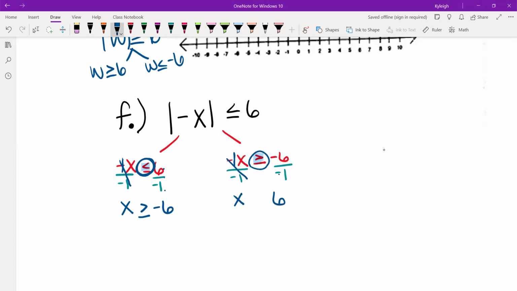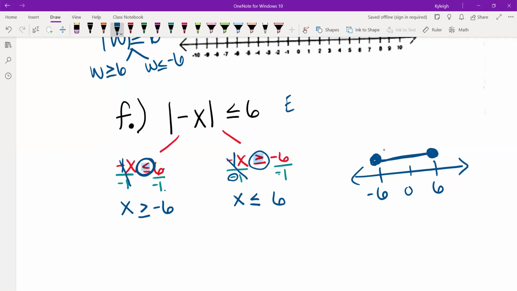This inequality sign, because we divided by a negative, flips. So then you would just graph those, and they would face into each other.